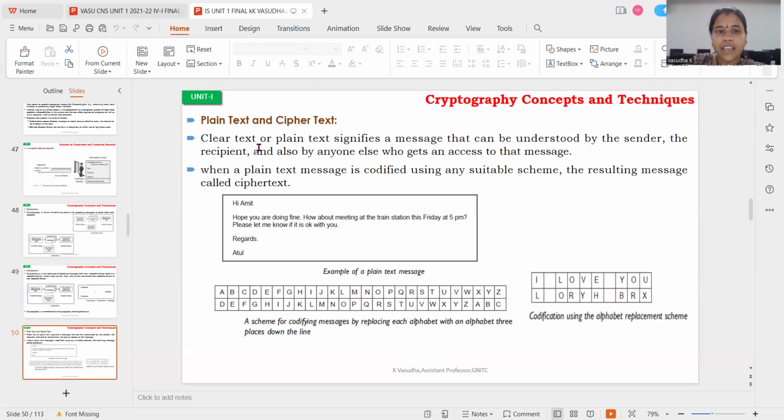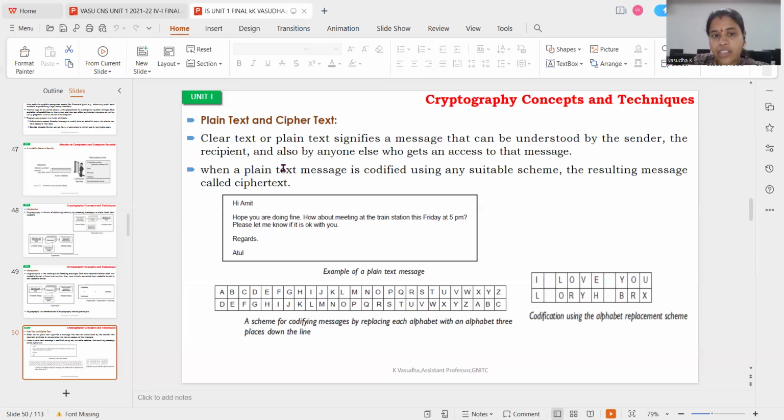So what is plain text here? It is the readable format of the data, which the sender can understand. Whenever any user tries to read the information directly, the easily understandable format of the data is nothing but plain text. The message that can be understood by both the sender and the recipient is nothing but the plain text.